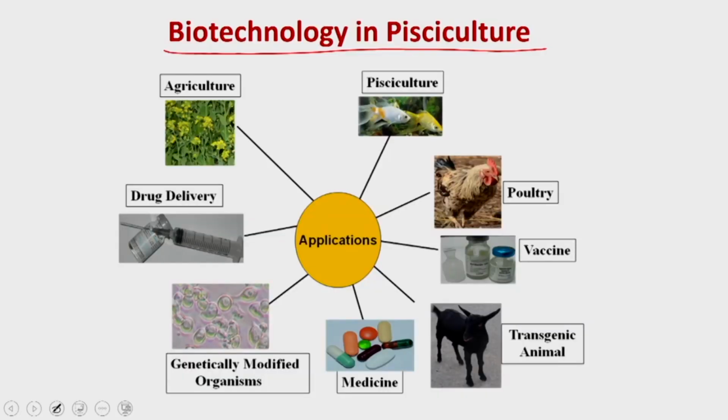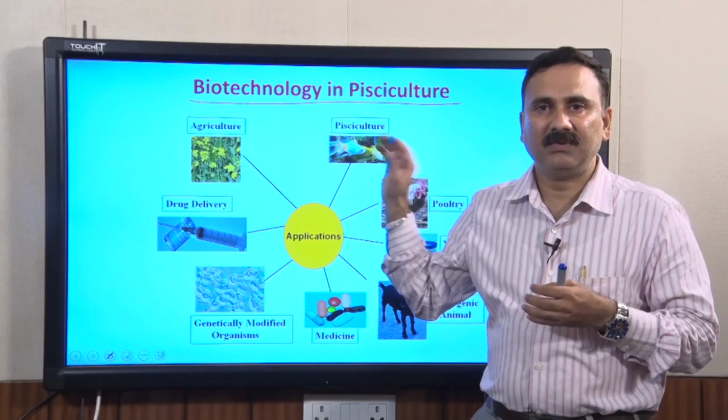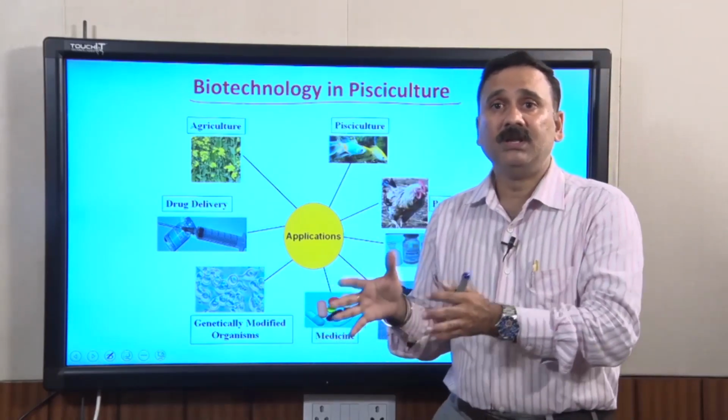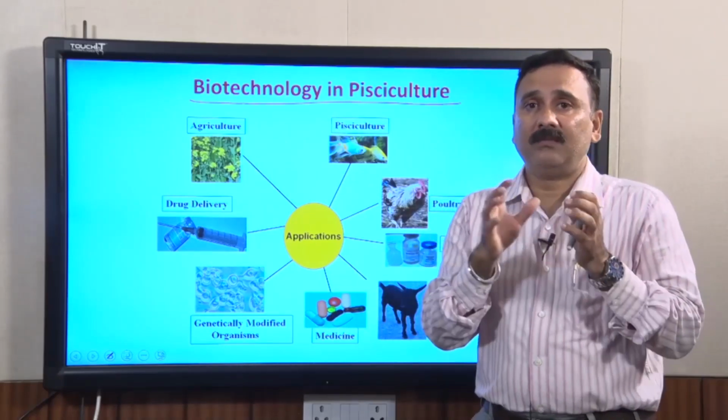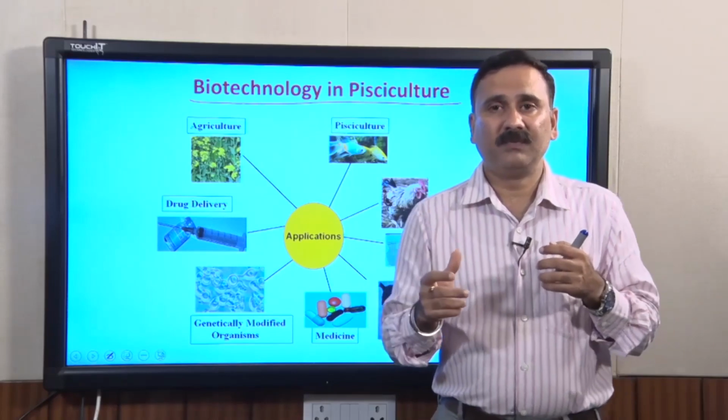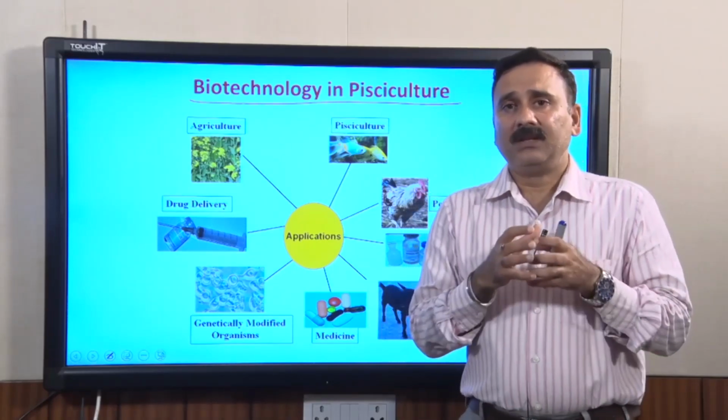As you can see, biotechnology is affecting human society and the human standard of living in many ways. Biotechnology is affecting the agriculture field and pisciculture, biotechnology has a role in medical biotechnology, and biotechnology has a role in devising formulas so that you can produce drugs.